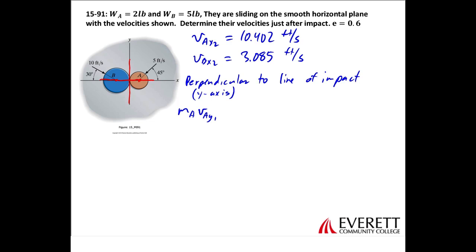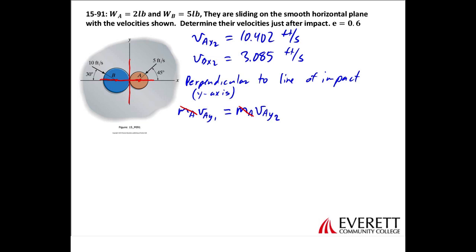So that's going to be equal to the mass of A times the velocity of A in the y direction after the impact. Okay, well you notice in this case the mass of A isn't changing, so the masses cancel out, and we get that the velocity of A after the impact equals the velocity of A before the impact. And that's going to be equal to what we solved for in the previous slide.